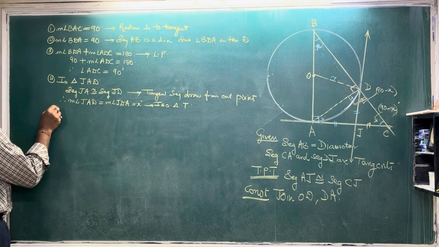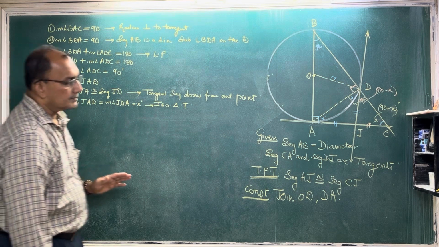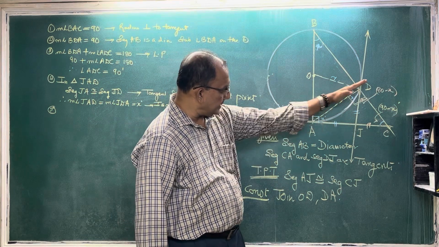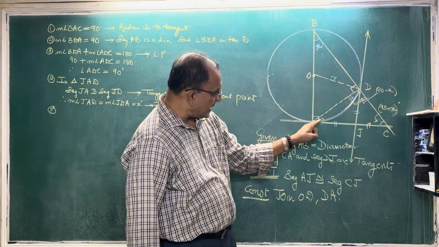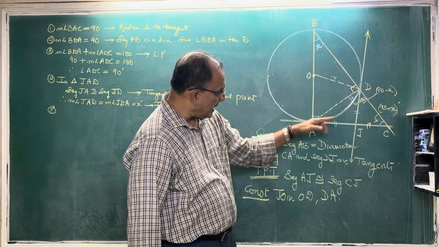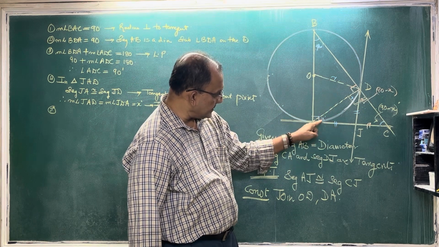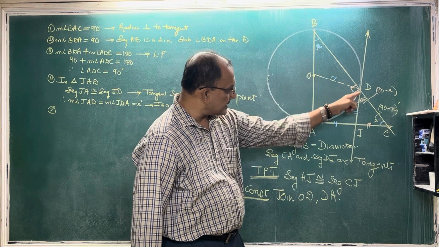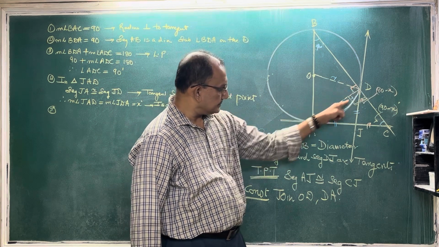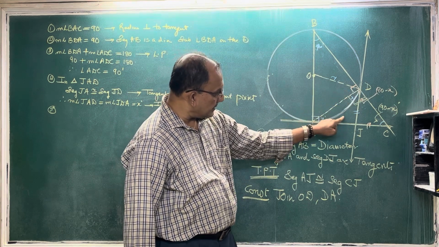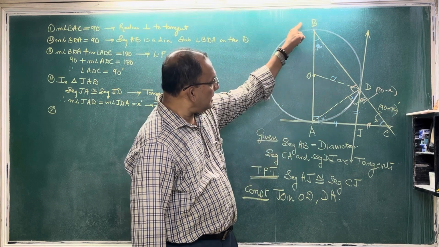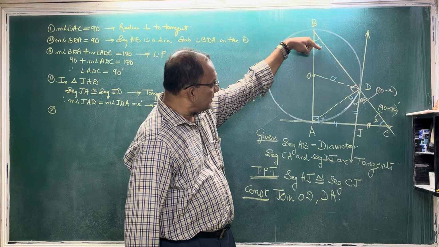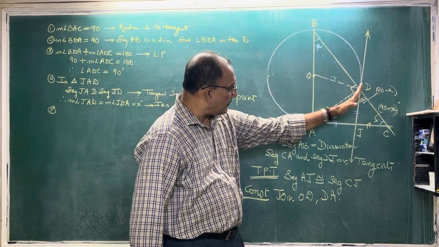Point number 5. Please observe properly. This is a tangent and this is a secant. So there is an angle which is formed by a tangent and a secant. Can you see? Now this angle is half of this arc AD. In the same manner, angle ABC is an inscribed angle, so even that angle is half arc AD.